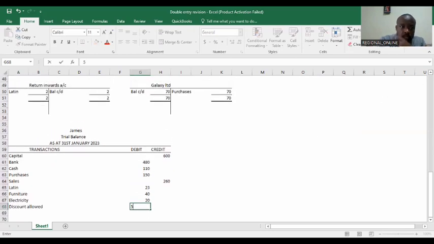Then return inwards is on the credit, so debit. So return inwards, that is 2.